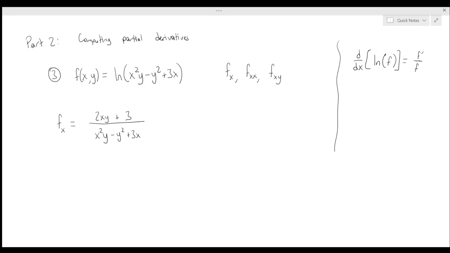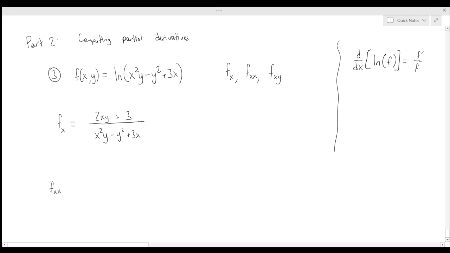All right, so next, if I want to compute fxx, now I've got a function of x over a function of x. So when I'm trying to take the derivative, I'm going to need to use the quotient rule for this one.